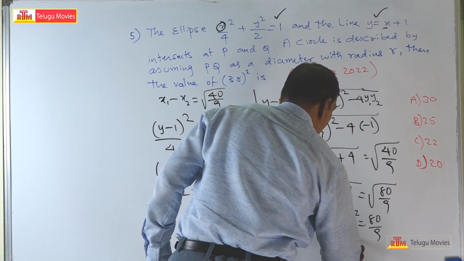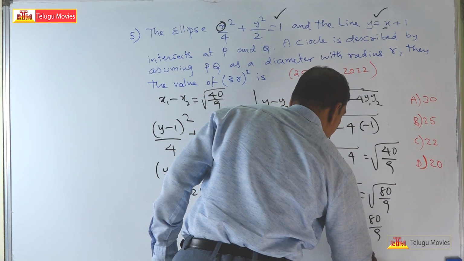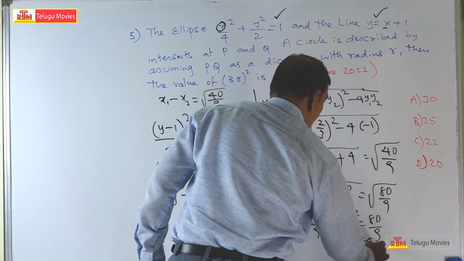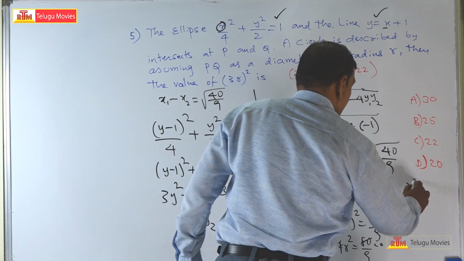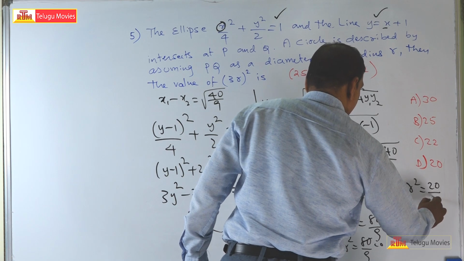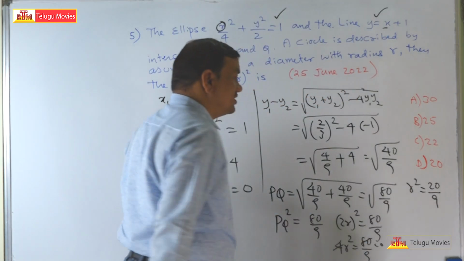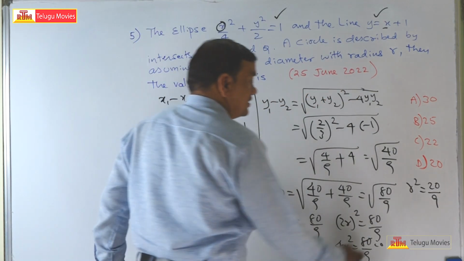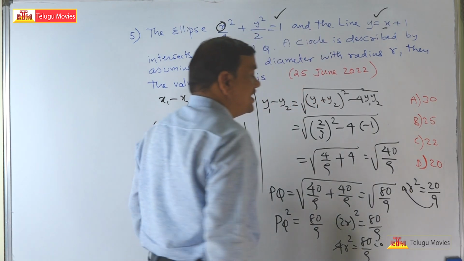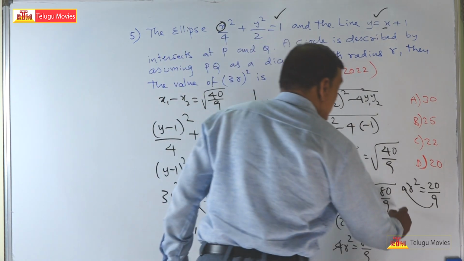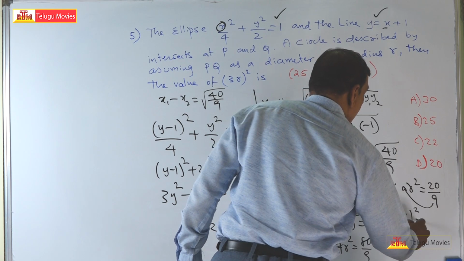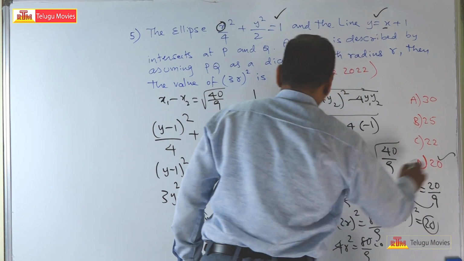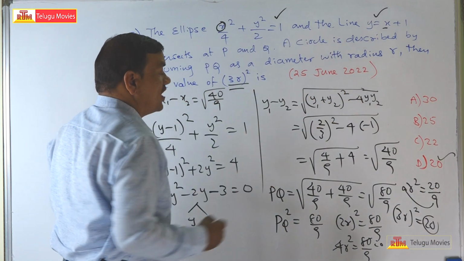So 4R square is equal to 80 by 9, and therefore R square is equal to 20 by 9. Taking this 9 to the left hand side, 9R square is equal to 20. That means (3R) whole square is equal to 20.